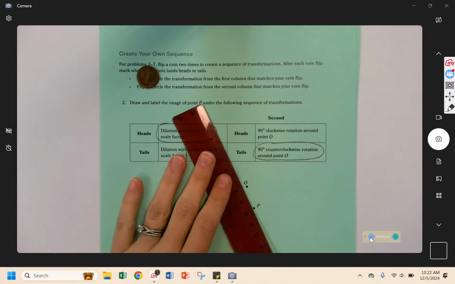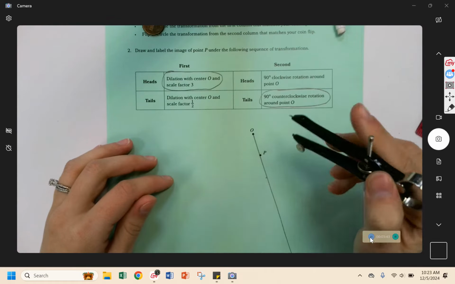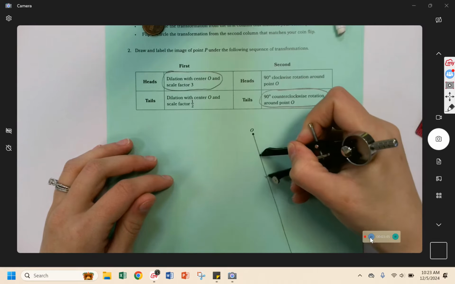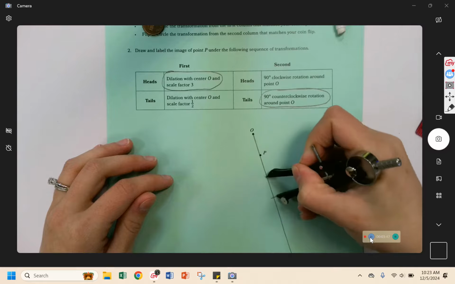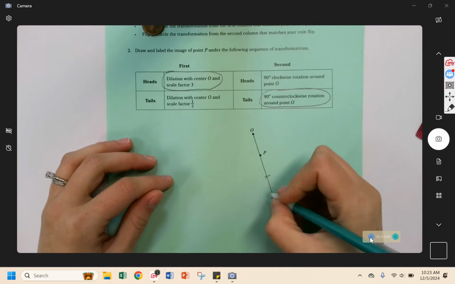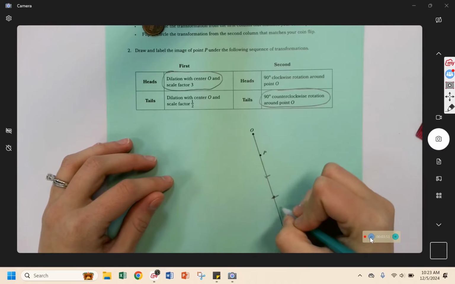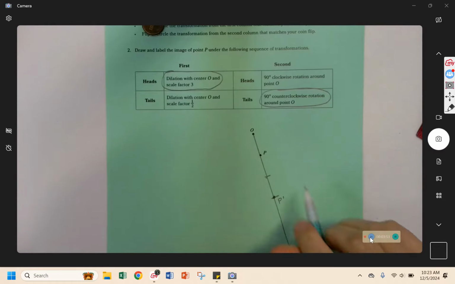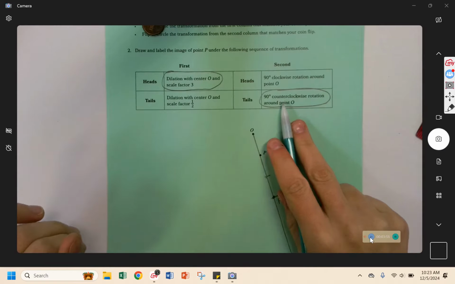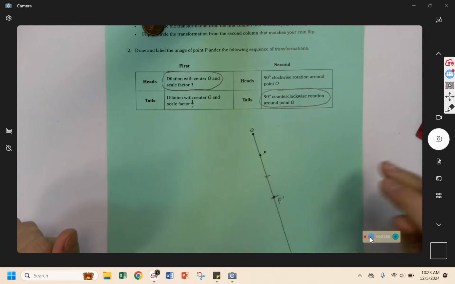So we're going to open our compass up to that distance between O and P. So there would be a scale factor of 1, 2 and 3. So here is P prime, and then we need to rotate 90 degrees counterclockwise around point O.